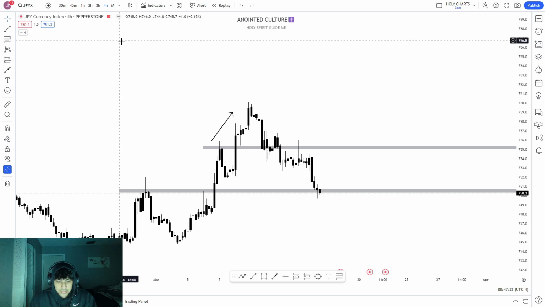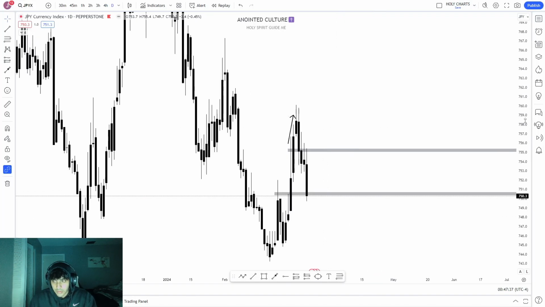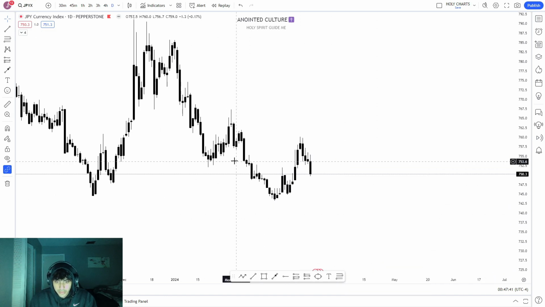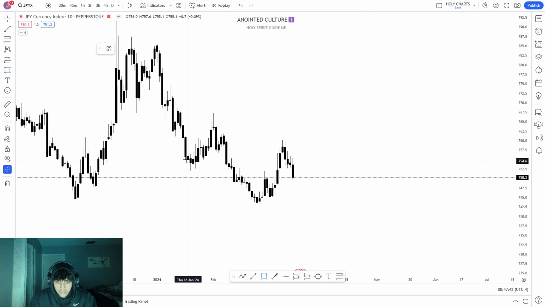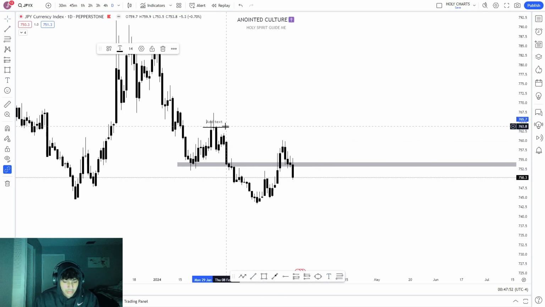Because if we look at the daily, markets are clearly bullish on the daily. Because all price did, this was a low created. This right here is the lower high that we do not want to be broken.